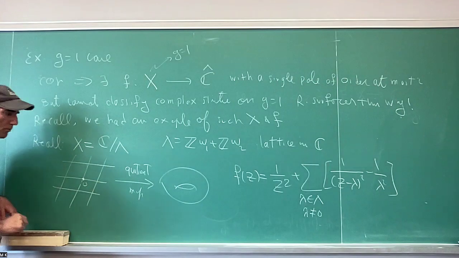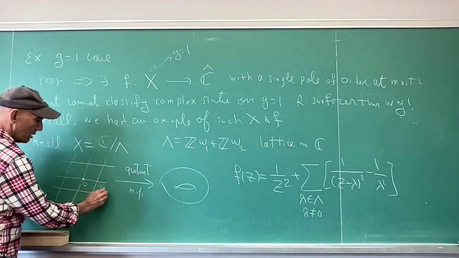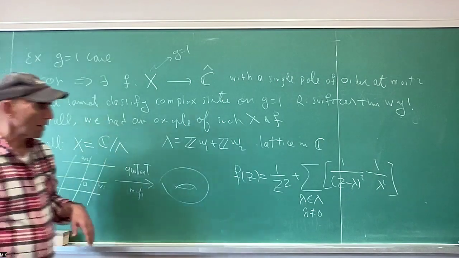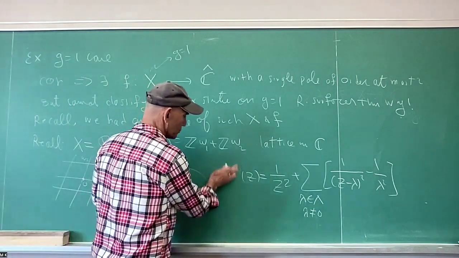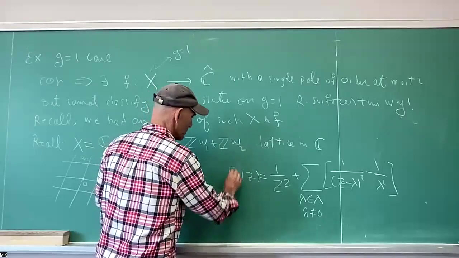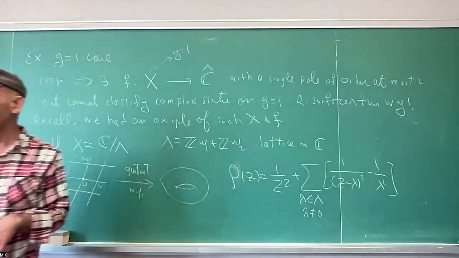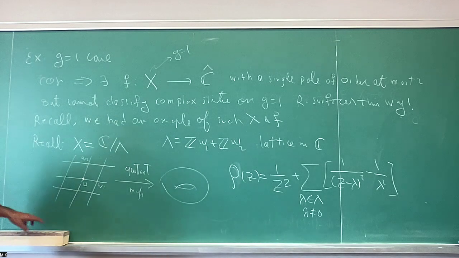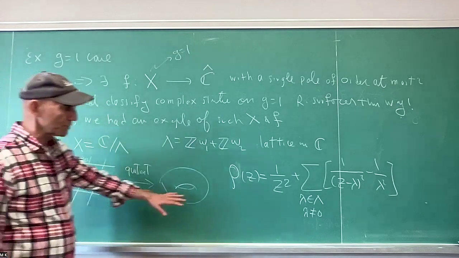And this is omega 1, and this is omega 2. Okay, now I should not write f of z. This is a crime. So I just write P of z. It's an insult to Weierstrass to write his function by f. I don't know if Weierstrass actually used P, maybe someone else did. And I don't know why it's called P, by the way. But anyhow, this is the function.